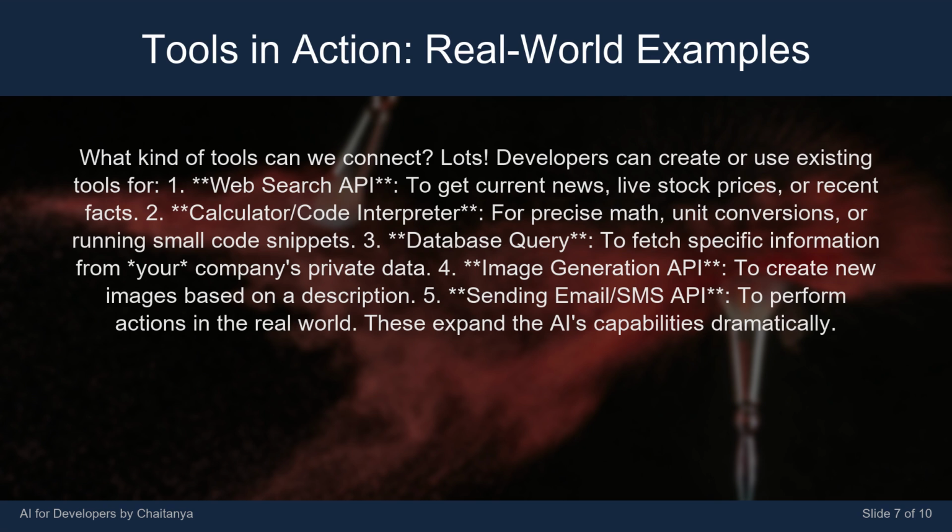Database query. To fetch specific information from your company's private data. 4. Image generation API. To create new images based on a description. 5. Sending email, SMS API. To perform actions in the real world. These expand the AI's capabilities dramatically.